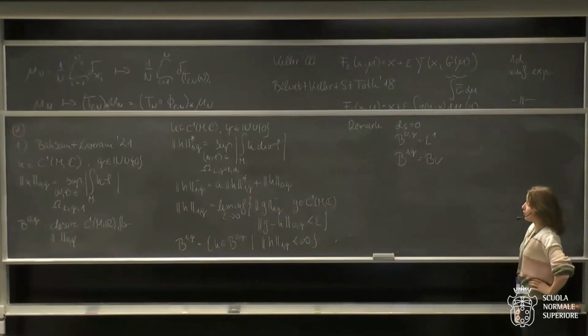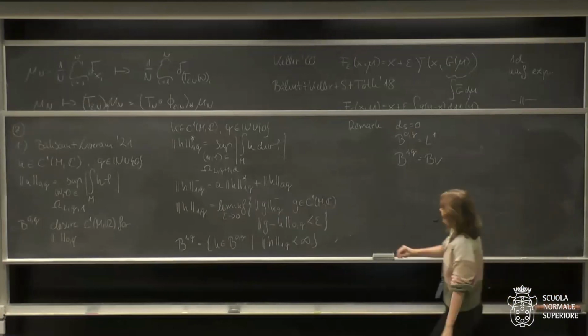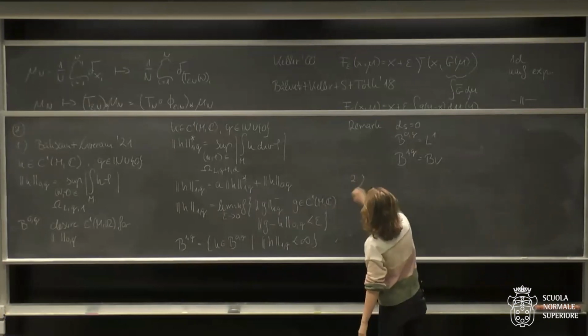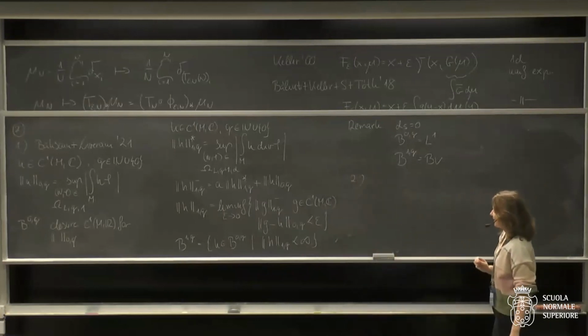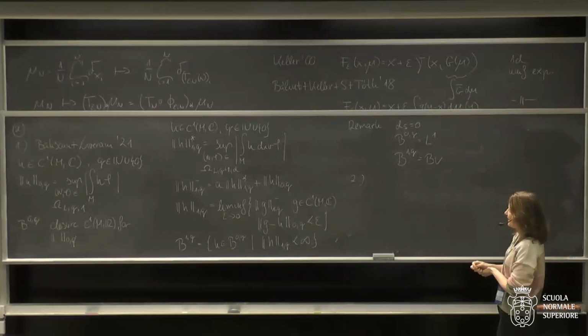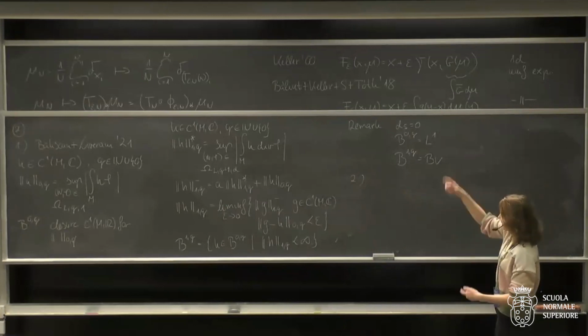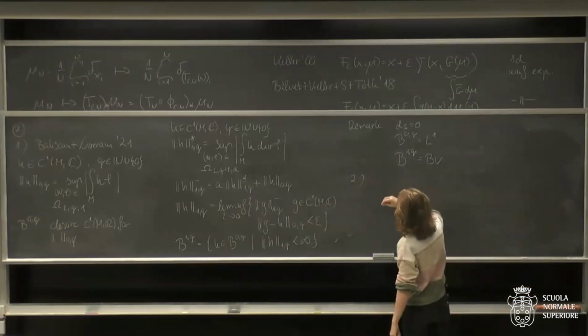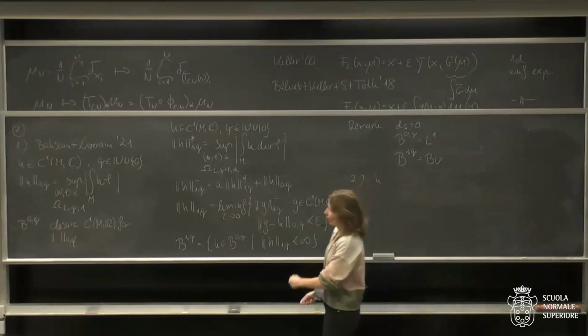Okay, so this is all good so far, but it's not going to be enough for what we want to do. So we have to define another sequence of Banach spaces that's not in that paper. It's just in this paper that I'm talking about right now. So what are our super strong spaces?